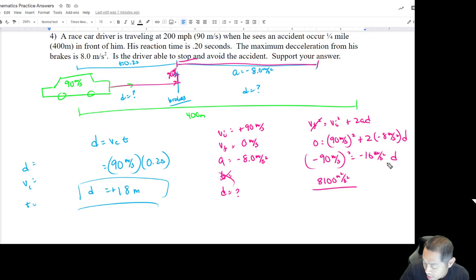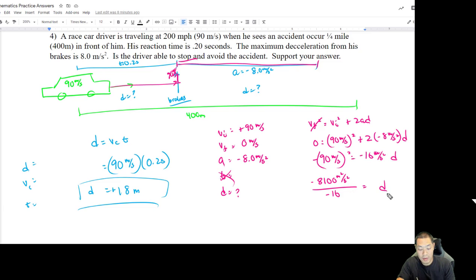The negative cancels out, divided by negative 16. Oh yeah, whoops, that negative is out here. I messed up. So let me see if I can erase it. I fooled myself. Like that. Because we're moving the whole entity over, the negative is on the outside. I apologize for that.